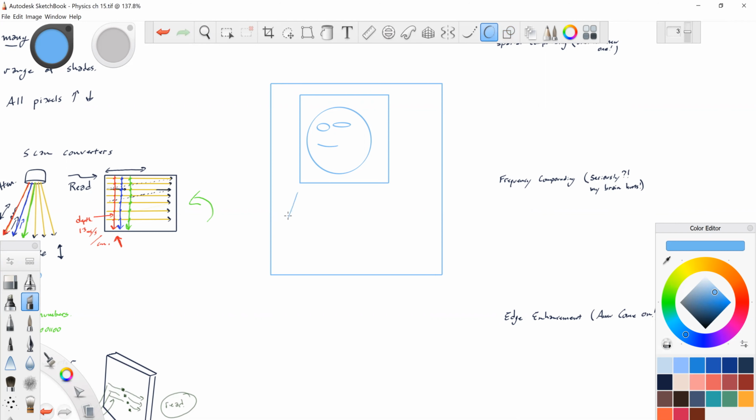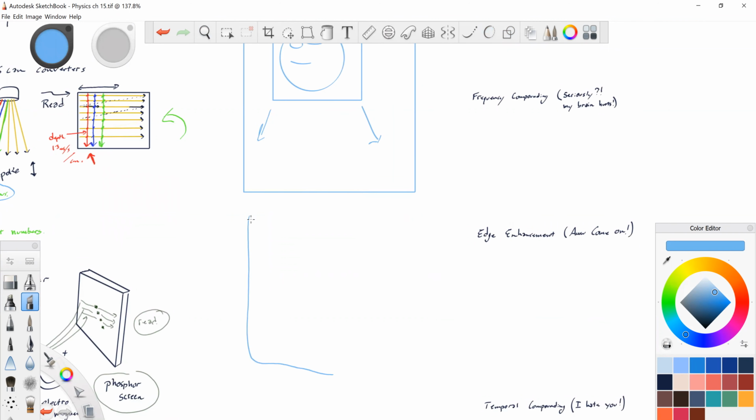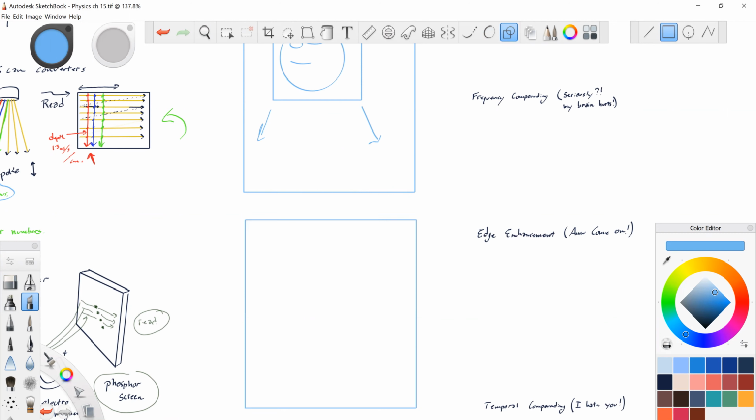The set button basically takes this little region of interest and spreads it all over the screen, so that now, more or less.